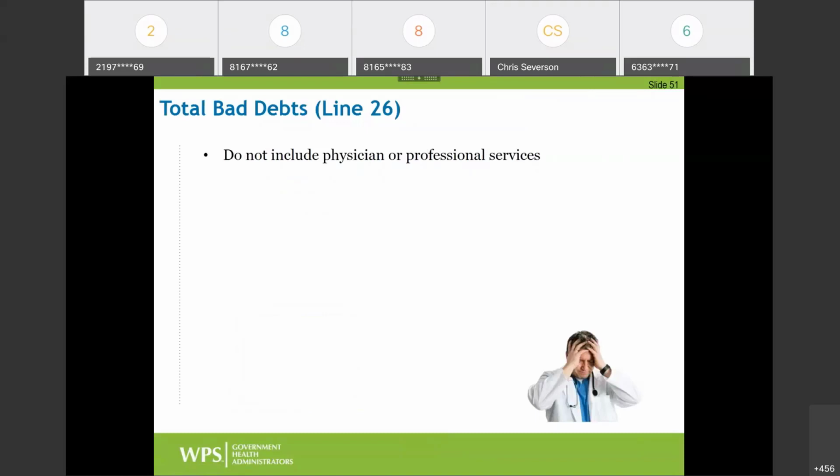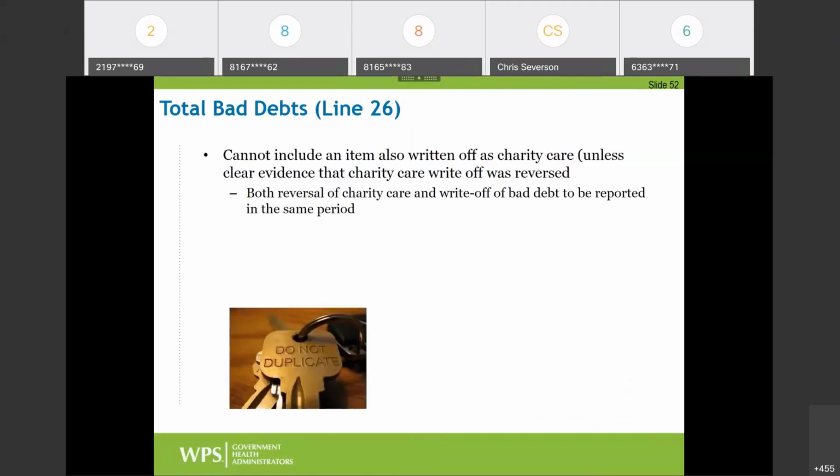The argument is that it's unfair to some hospitals that only have the hospital and no subunits. But the other argument is that DSH only relates to the main hospital. It doesn't relate to any other subunit. So why are we using subunit data for a hospital type payment? Who knows if that'll be finalized, but that's definitely a big change in the draft that affects bad debt and charity care.